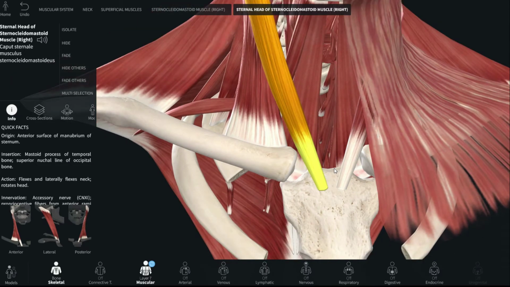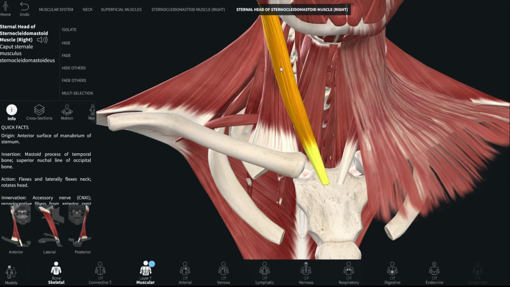So the sternal head of sternocleidomastoid takes origin by a tendon. By the way, this is a tendinous origin, very much self-explanatory.